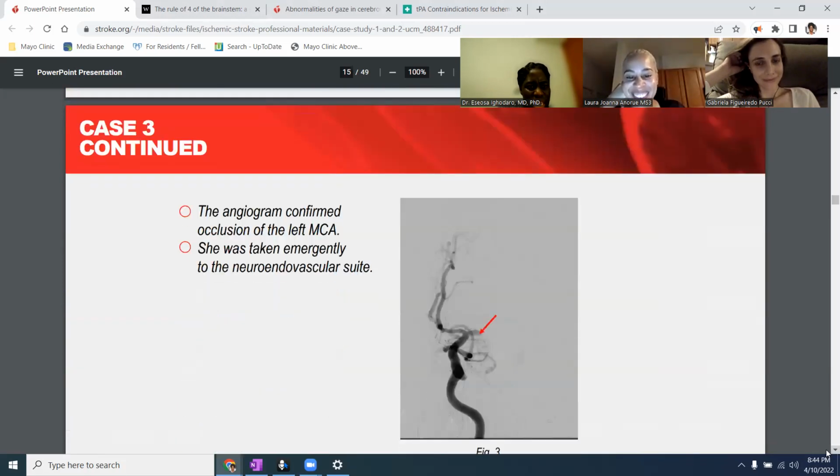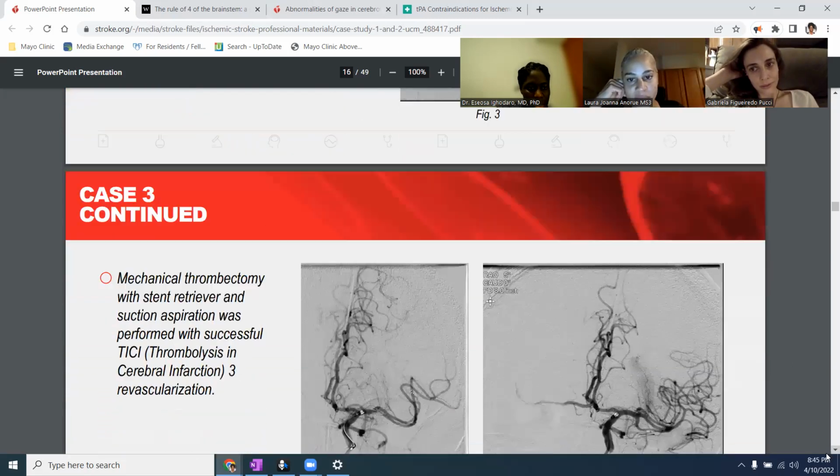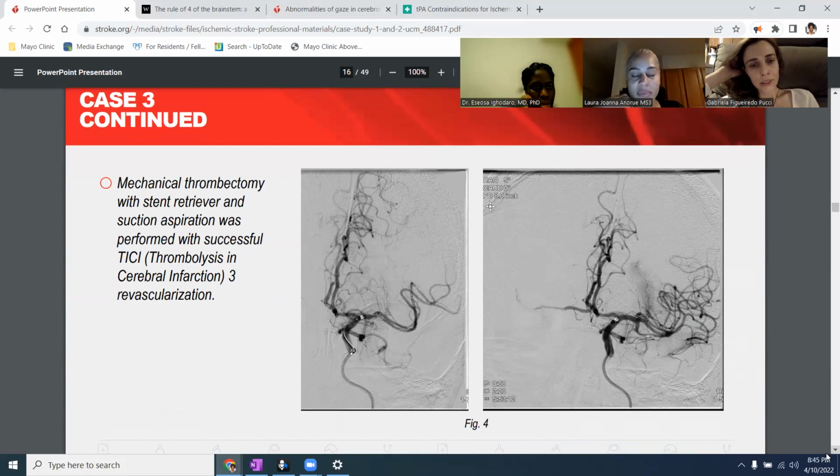So let's see. They do an angiogram, which shows left MCA occlusion. She was taken to the endovascular suite. Mechanical thrombectomy performed. TICI score of 3, which means complete revascularization.